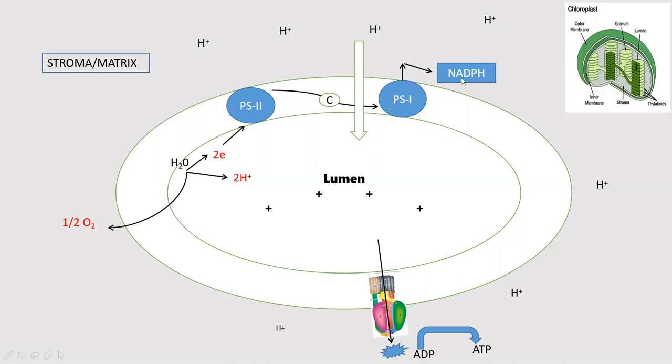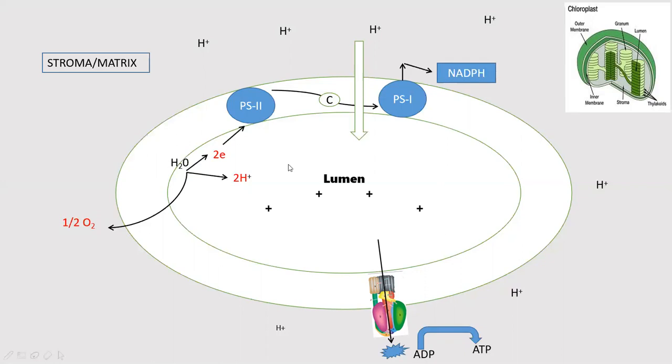So because of this reason, we can see the differentiation of the proton charge between the lumen part and the stroma part. This we call a proton gradient. In the lumen part, there are a lot of protons.